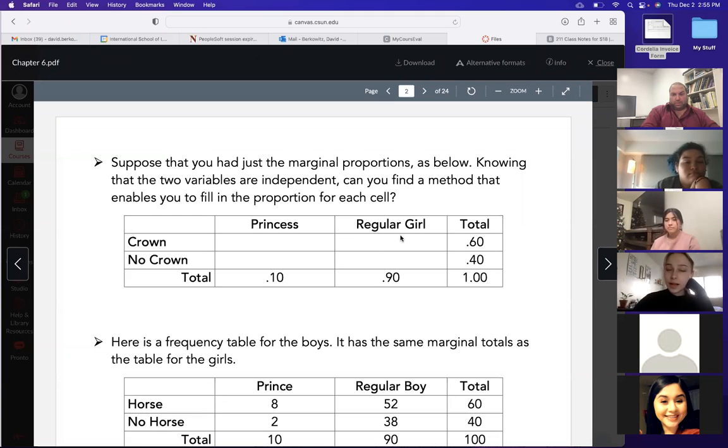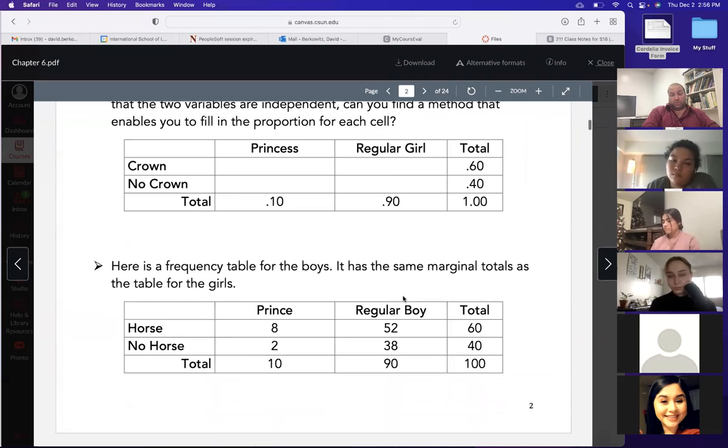You multiply. So for example, the no crown under regular girl, you'd multiply the 0.90 and the 0.40. Excellent. Yes, you multiply the margins, 0.9 times 0.4, that gives you 0.36. And that would be this number right here, 0.36. And similarly for all of them. Wonderful.